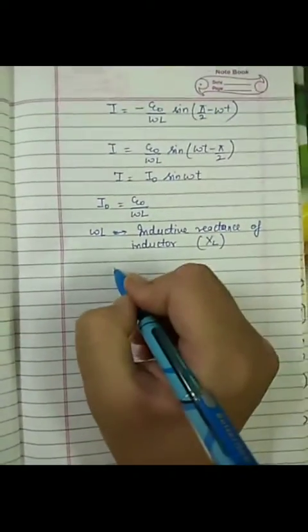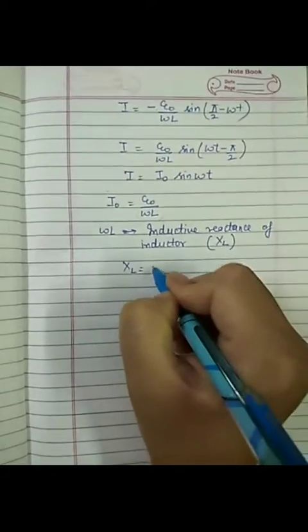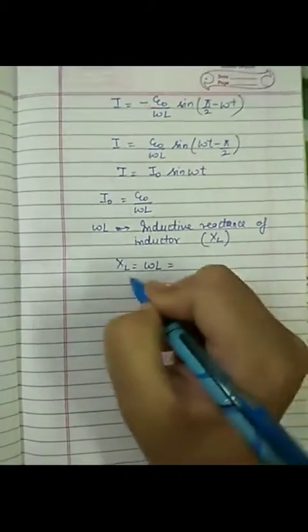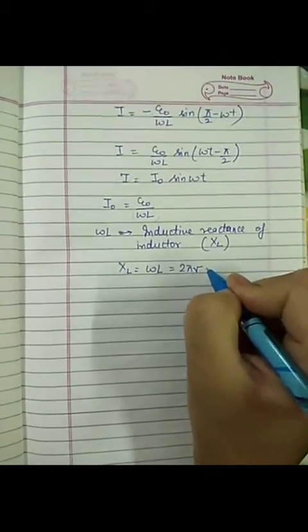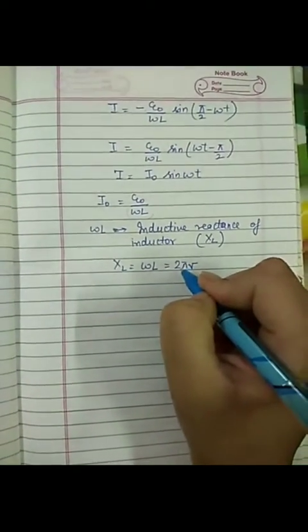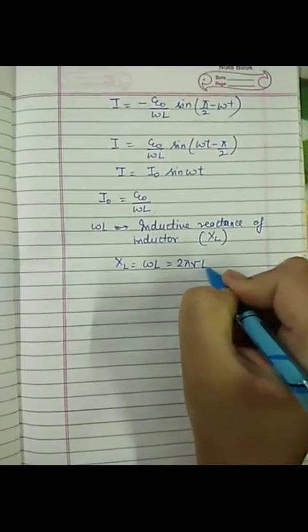So, XL equals omega L. The value of omega is 2 pi nu. So, XL will be equal to 2 pi nu L.